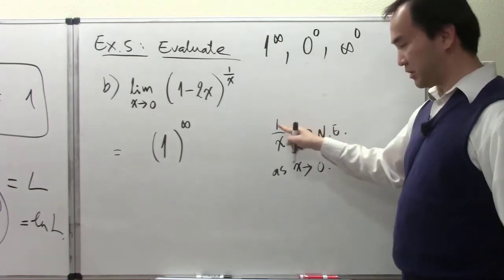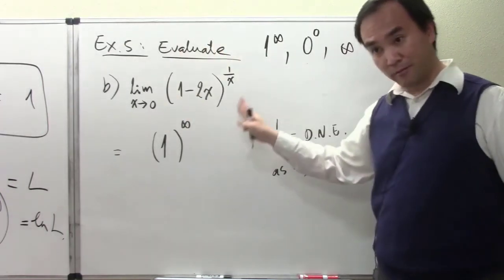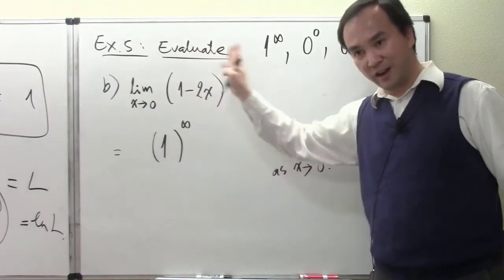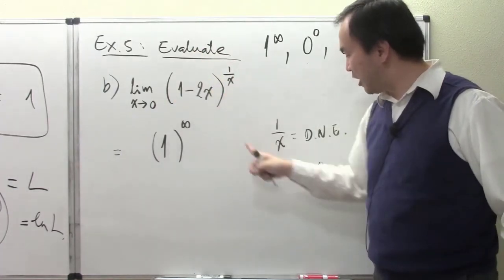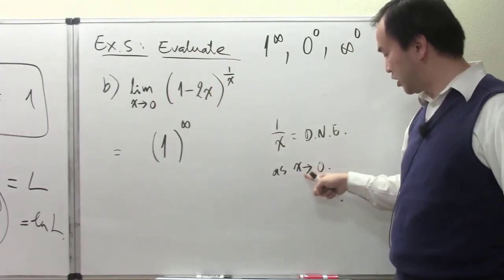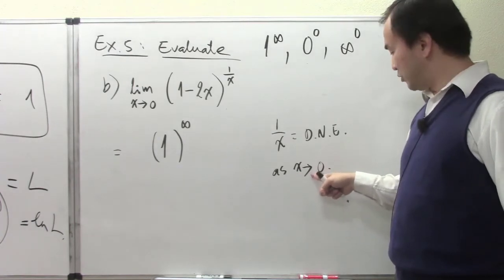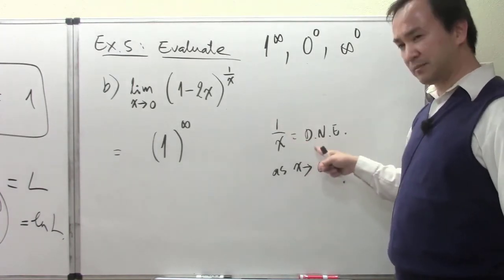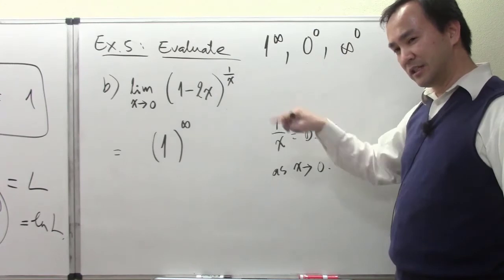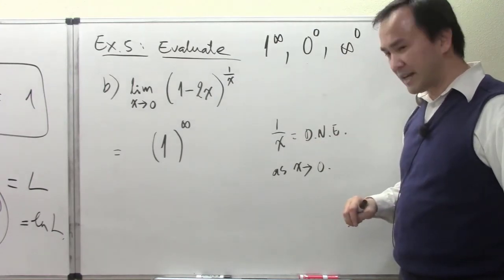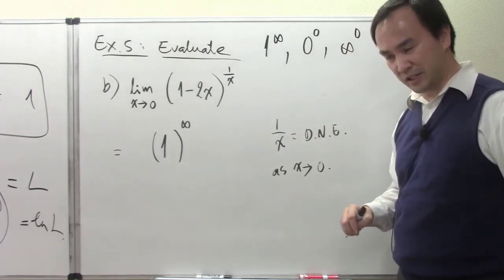But I'm not saying that the whole problem does not have a limit. I'm just saying that if we go that direct route, as x goes to 0 here, then the 1 over x supposedly turns into a DNE. And so that's making it even harder for us to decide.